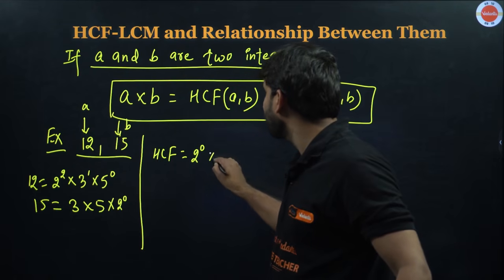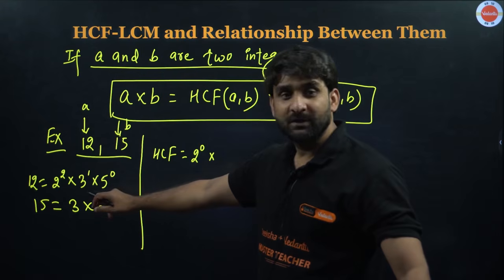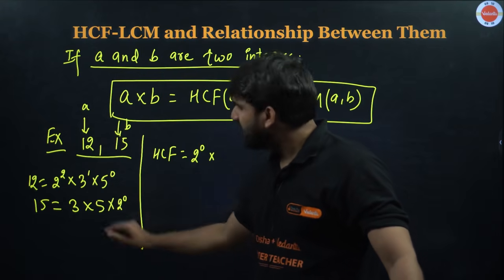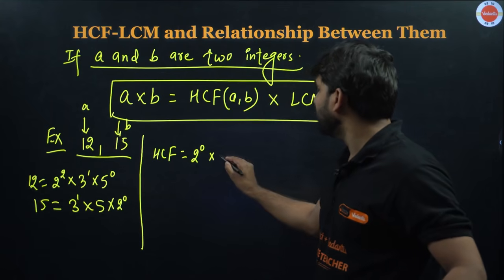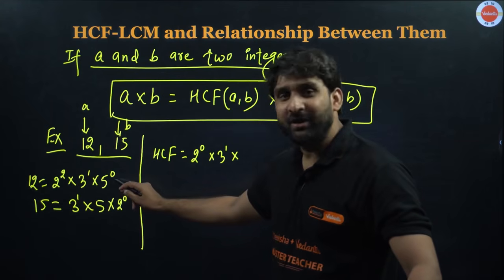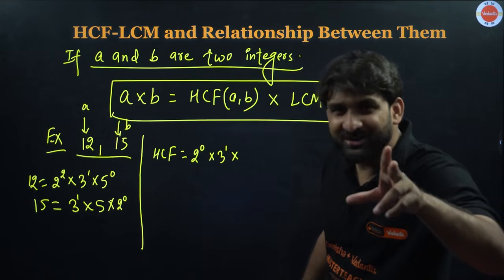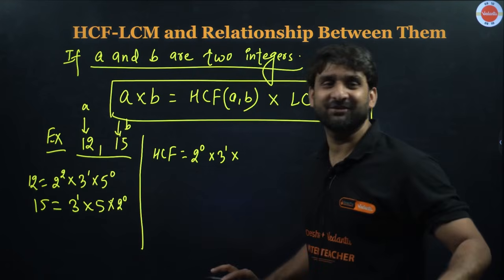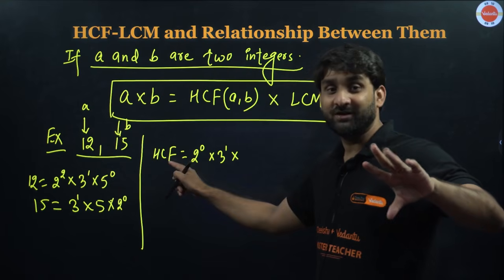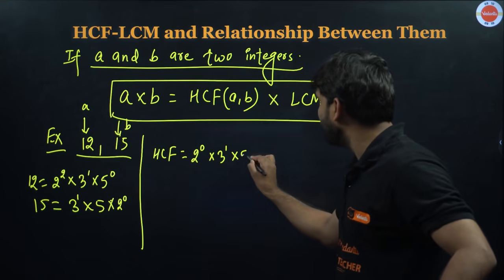Now for 3, it is 3 to power 1 here and 3 to power 1 here, so only 3 to power 1 will come. For 5, it is 5 to power 0 here and 5 to power 1 here, and we take the lowest, because we are finding the HCF. So it will be 5 to power 0.